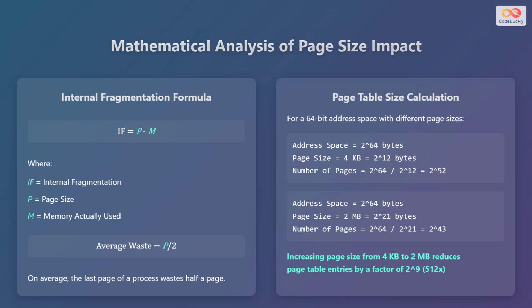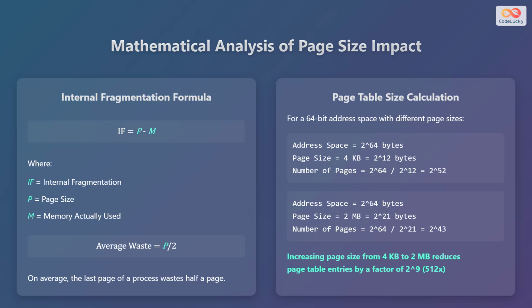Now, let us consider page table size calculation. For a 64-bit address space with different page sizes, the address space equals 2^64 bytes. If the page size is 4 kilobytes, or 2^12 bytes, the number of pages equals 2^64 divided by 2^12, which equals 2^52.